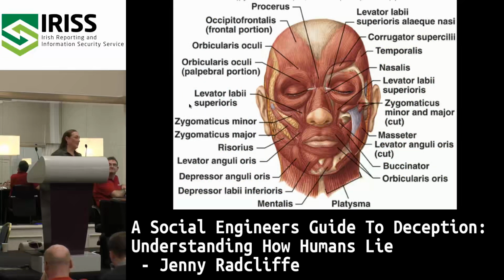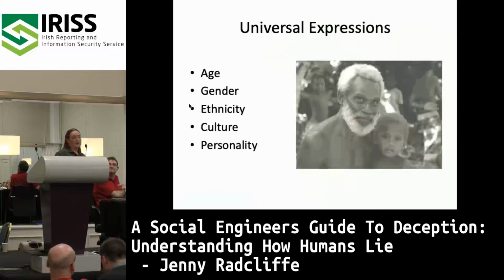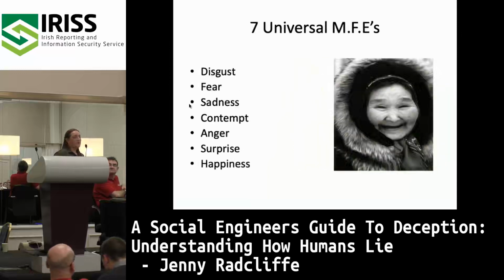The human face has 44 muscles, and they move in certain ways when we experience one of the 7 major emotions, regardless of your age, gender, ethnicity, anything else. These are the 7. You might know them as microfacial expressions. People keep trying to discredit microfacial expressions, but the research just over and over again shows that we all do the same thing. I've no more time to talk to you about that today, unfortunately.